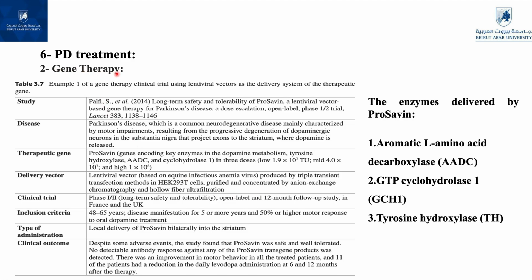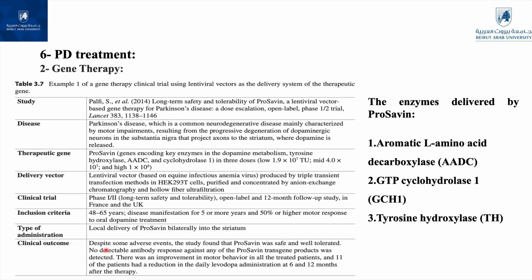So now regarding gene therapy, patients can be given Pro7 genes that encode key enzymes like AADC, GCH1, and TH, because these enzymes are essential for dopamine synthesis. These genes are delivered through a lentiviral vector.